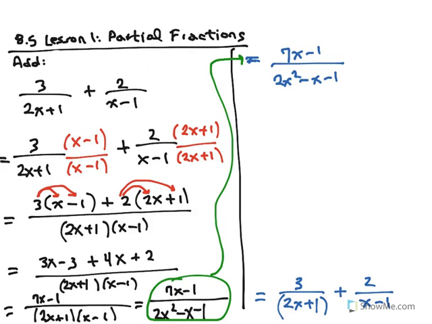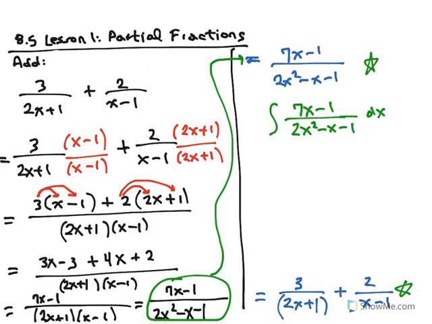Why do we want to do this? The reason why we want to do this is because you may have an integration problem where the integrand, for example, is 7x minus 1 over 2x squared minus x minus 1.